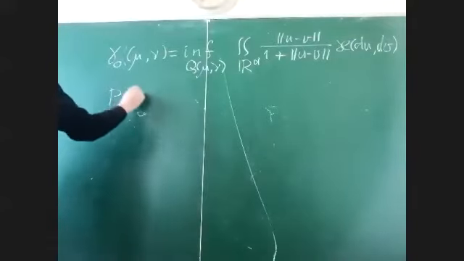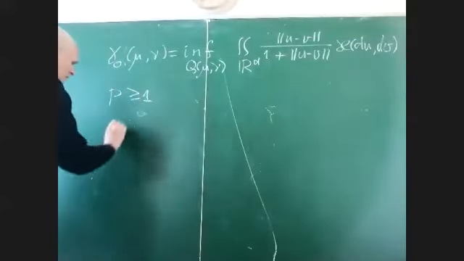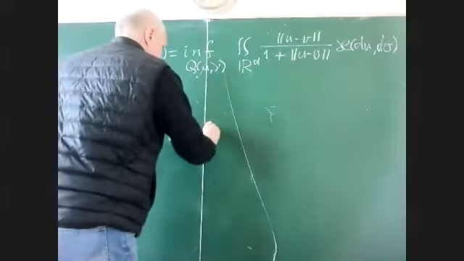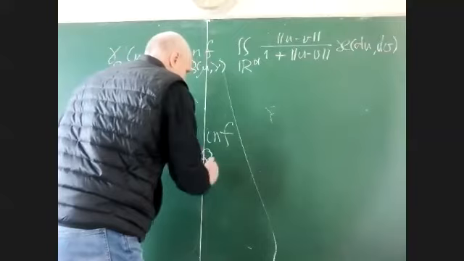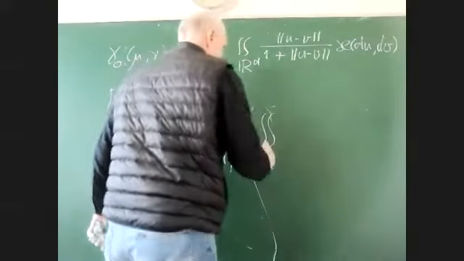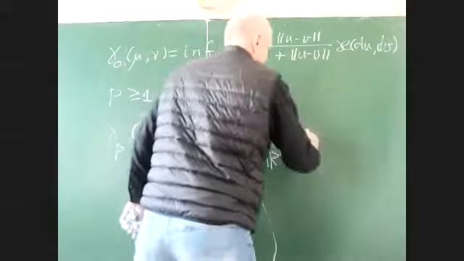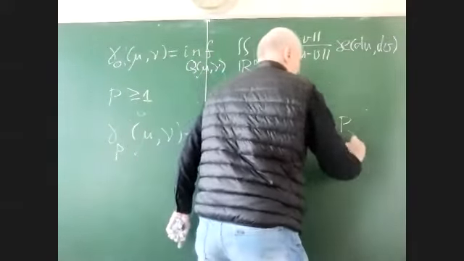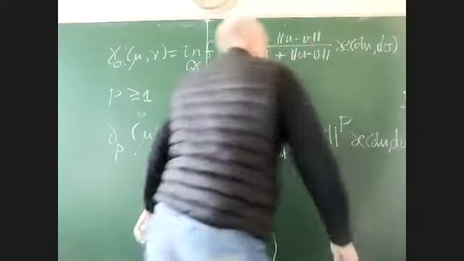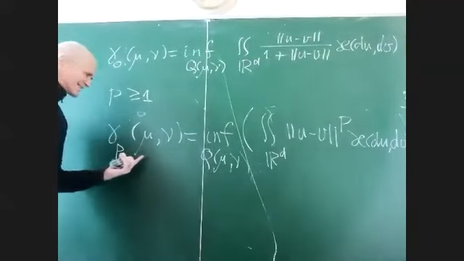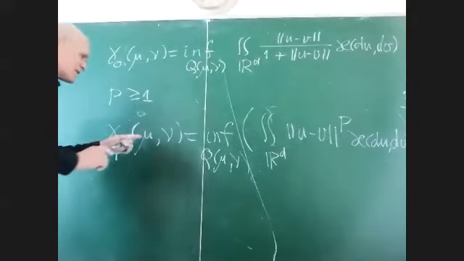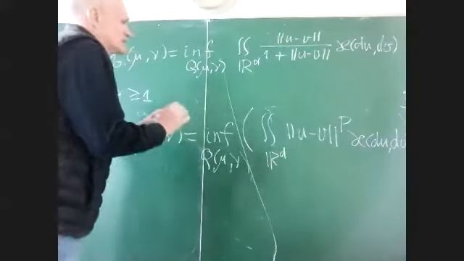So for p greater or equal than 1, gamma p of mu, nu is the infimum over kappa in Q(mu, nu) of the integral of the norm of u minus v to the power p, kappa du dv, and then to the power 1 over p. Such a number is well defined only for measures which have a p-th moment.